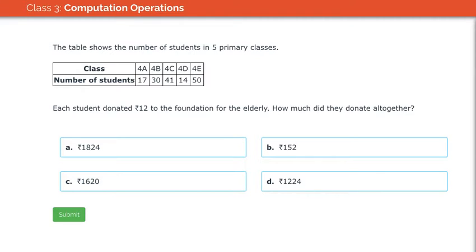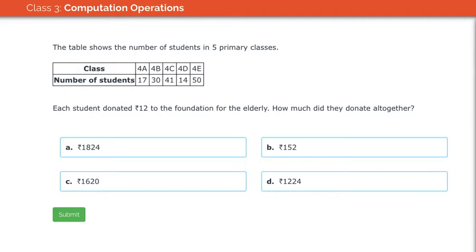So let's find things to make tens. Aha! 5 plus 4 plus 1 is 10. Now 10 plus 3 is 13, plus 2 is 15. Then 15 into 12.